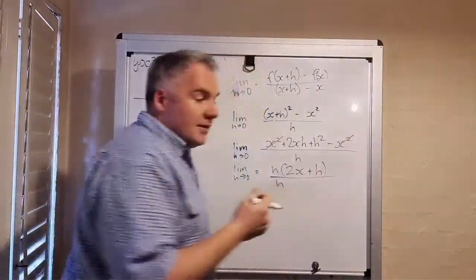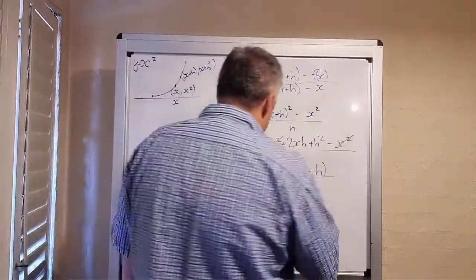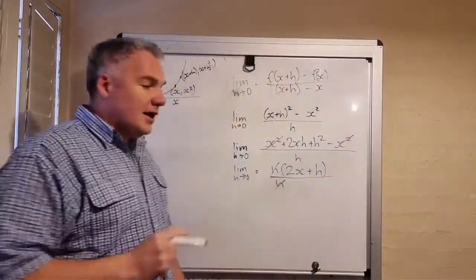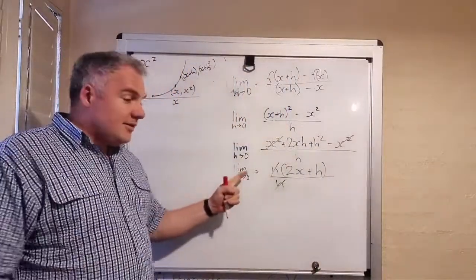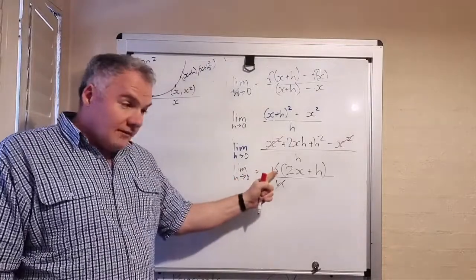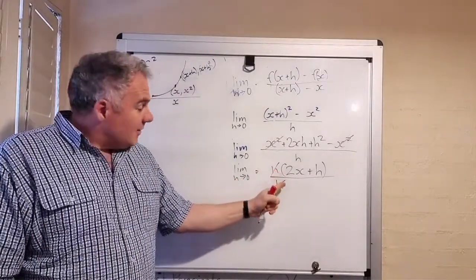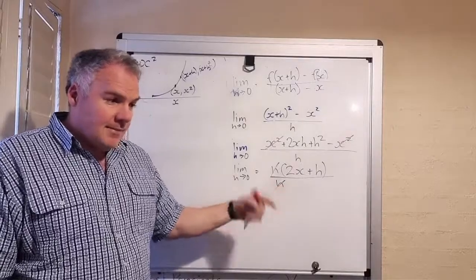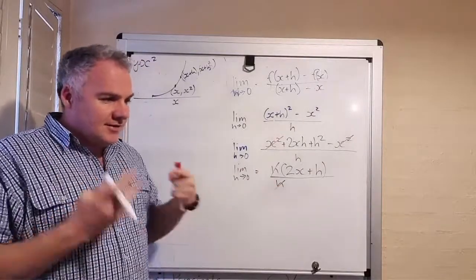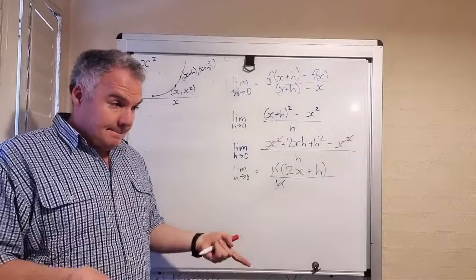Now, this is the most important step. As these two cancel, as it's a limit, this is something ridiculously tiny. This is something ridiculously tiny. But they both cancel out to 1.